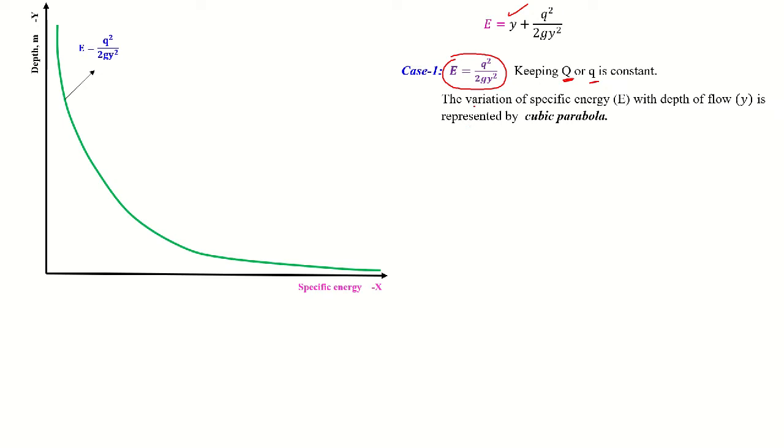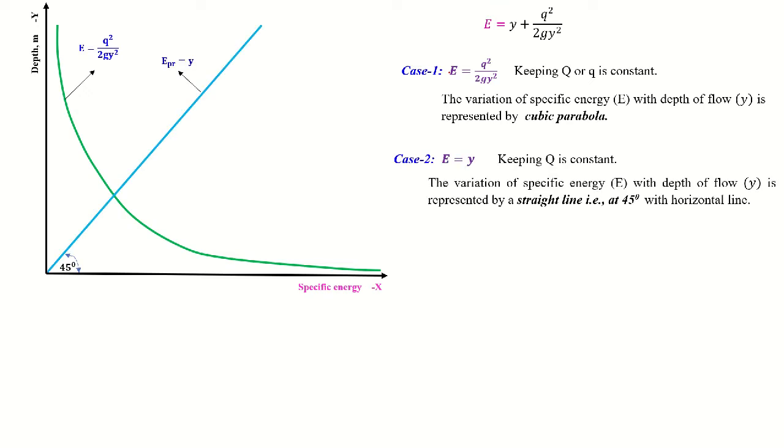So the energy will vary with respect to the given depth, because q is constant. So E is inversely proportional to y square. In this condition, the curve will become like a cubic parabola. The curve comes from this relation 1.